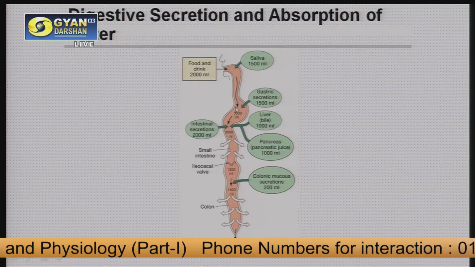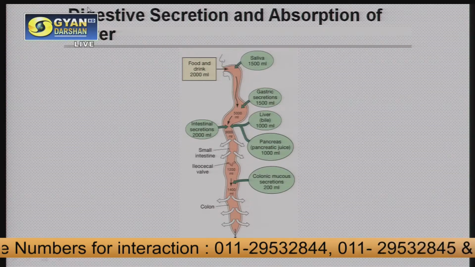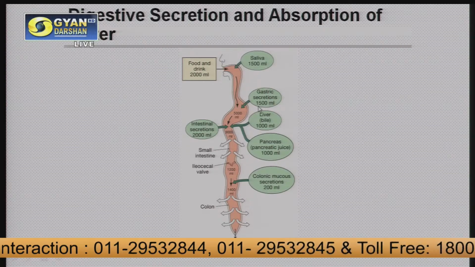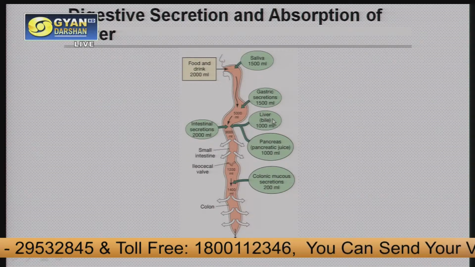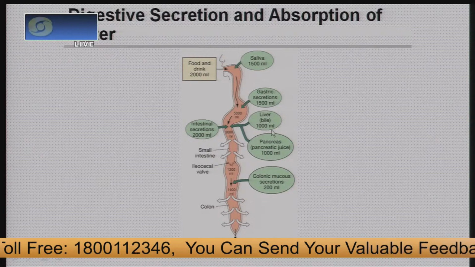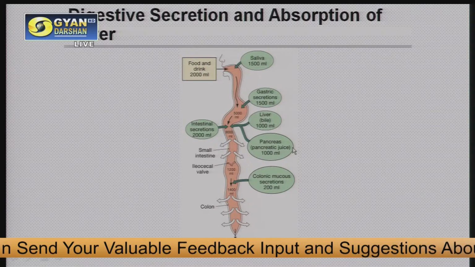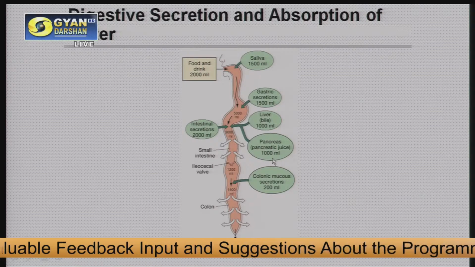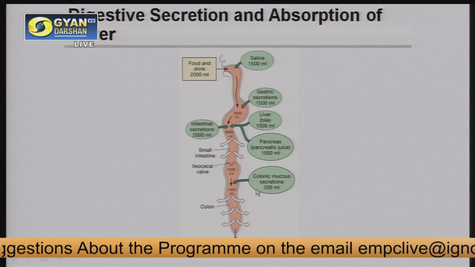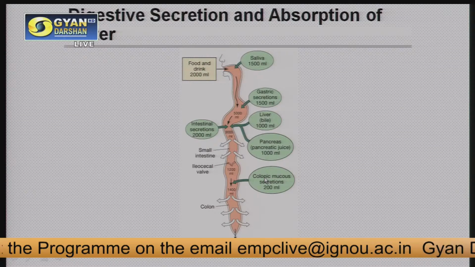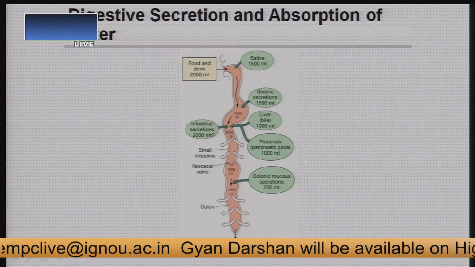Then you move further, here are the gastric secretions, around 1500 ml. And then in the liver there is bile, around 1000 ml. Then you come to pancreatic juice, which is around 1000 ml. Then colonic mucus secretions, which is around 200 ml. And then here you come to the intestinal secretions, that is 2000 ml.